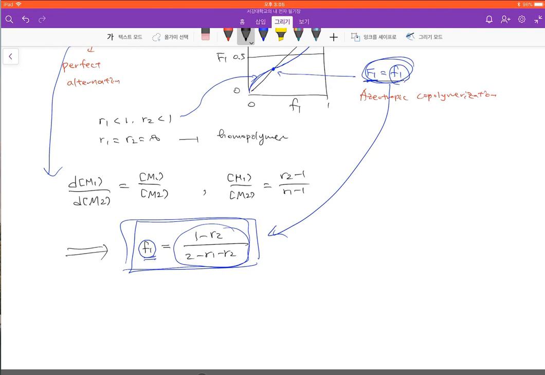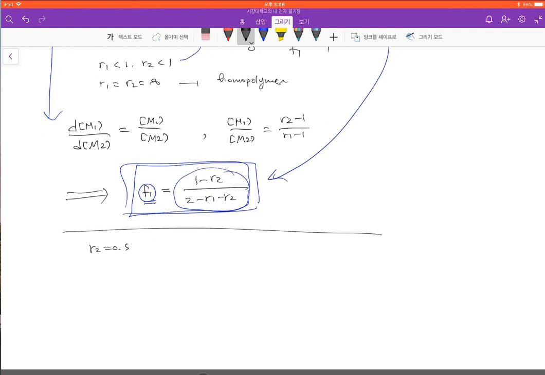Maybe we have covered pretty much everything. Some other instances will include when one of the reactivity ratios is equal to 0.5, for example, if R2 is 0.5.